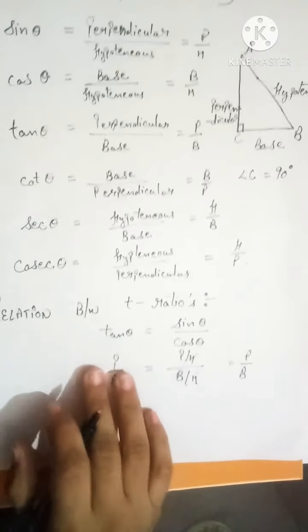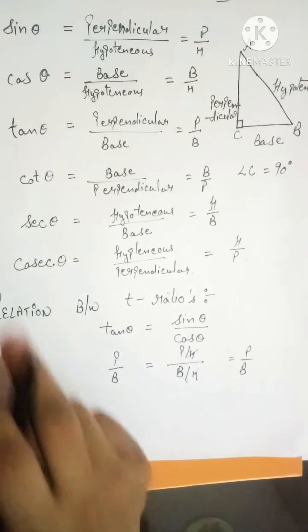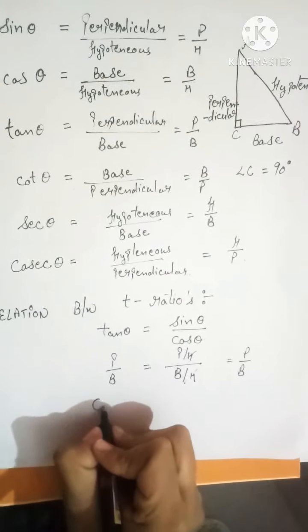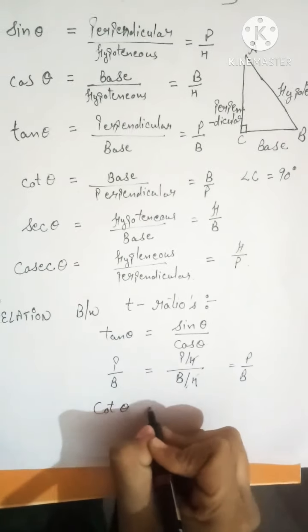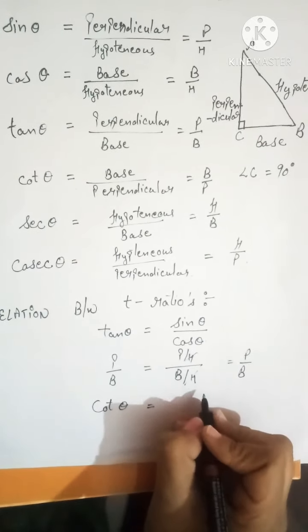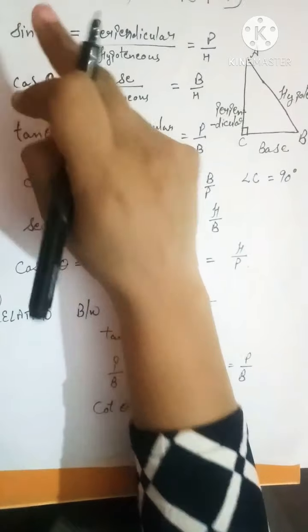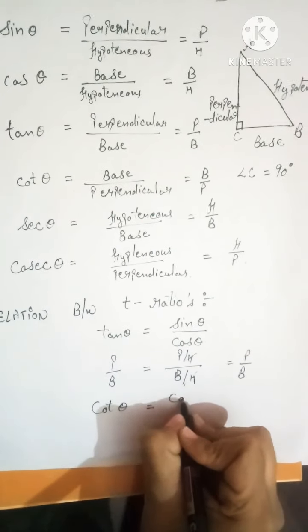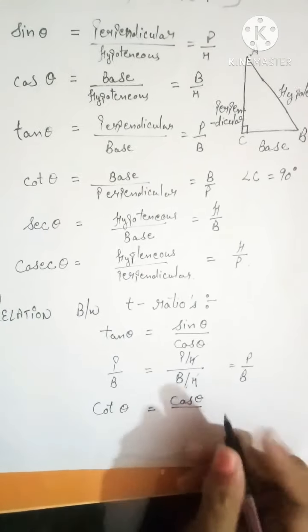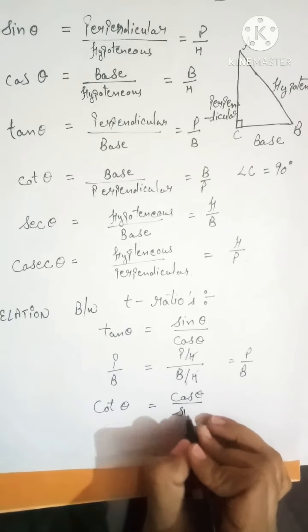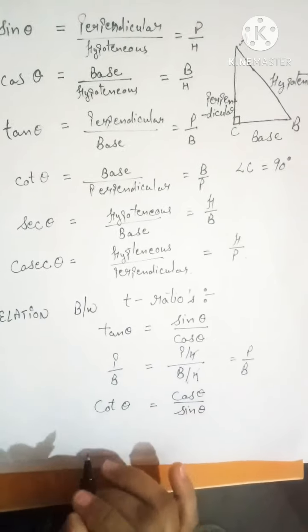Hope everything is clear. Now come to cot theta. Cot theta is similarly related to sin theta and cos theta as cos theta upon sin theta. Let us check.